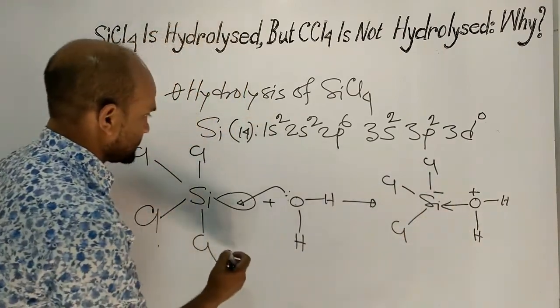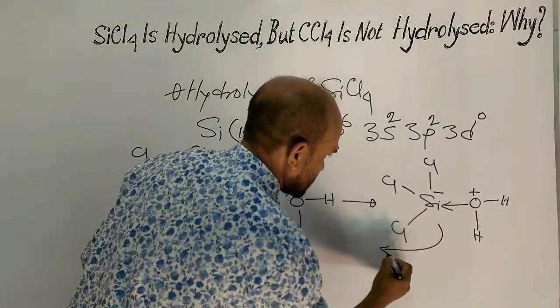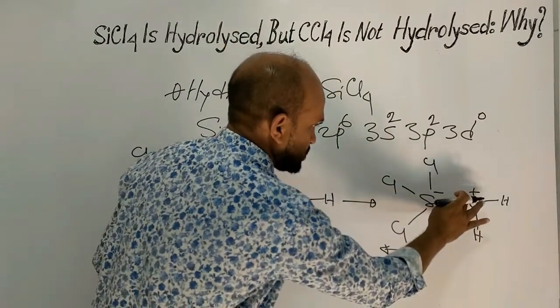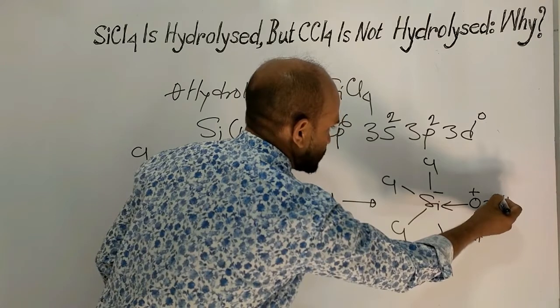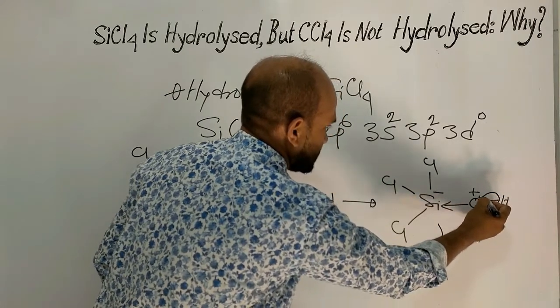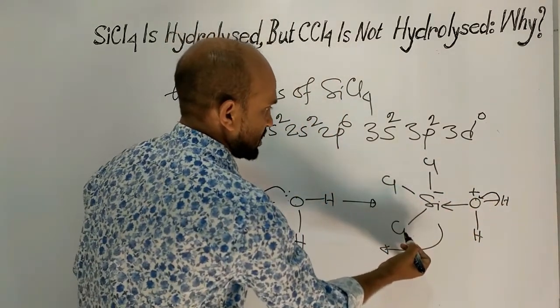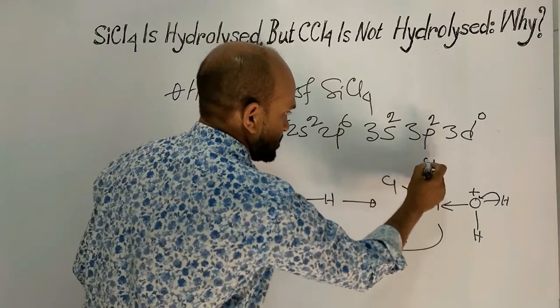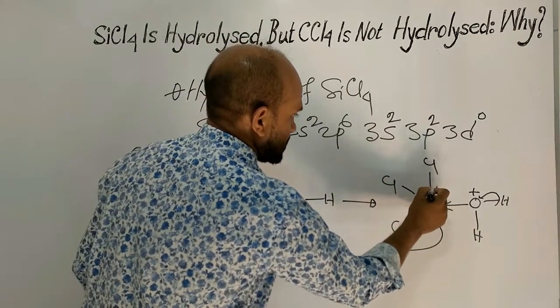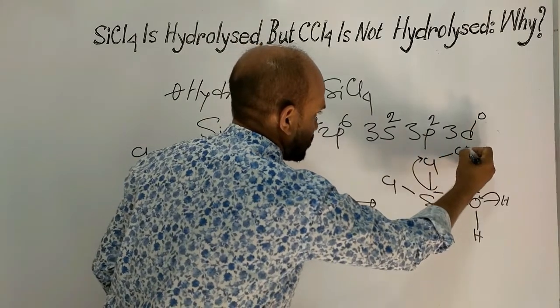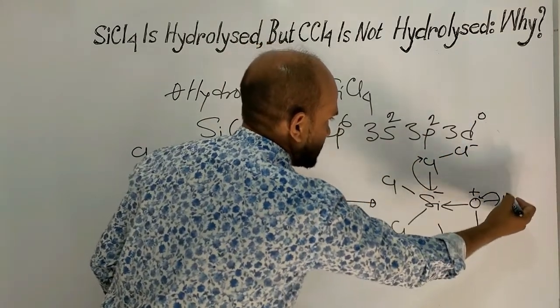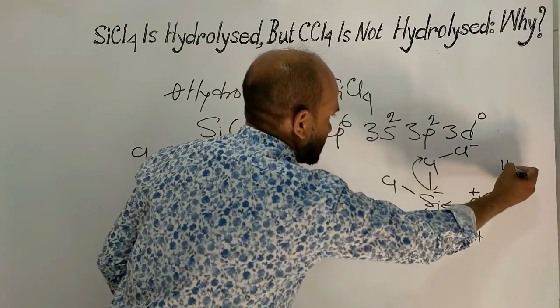Now because of this positive charge, these electrons move towards oxygen, and at the same time this chlorine leaves with these electrons as chloride ion, and here this is hydrogen ion.